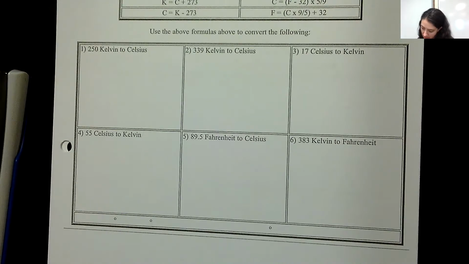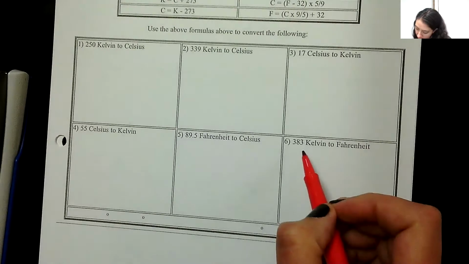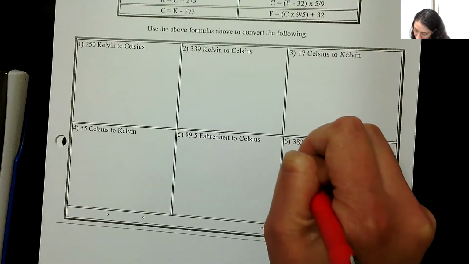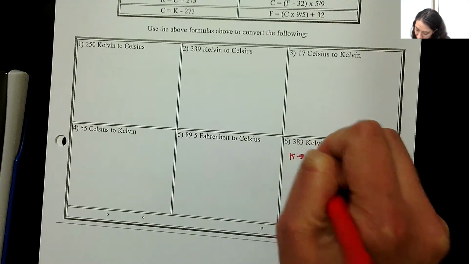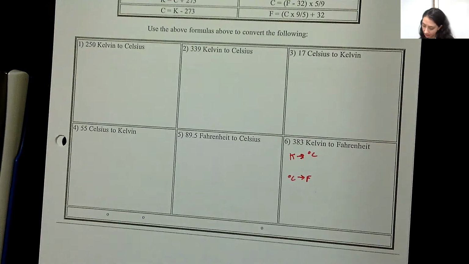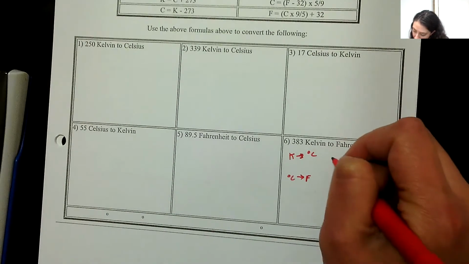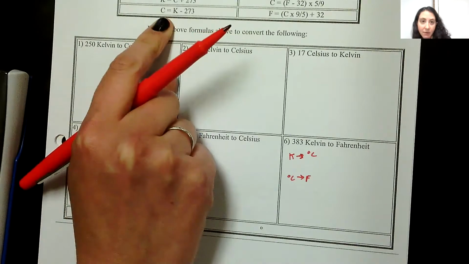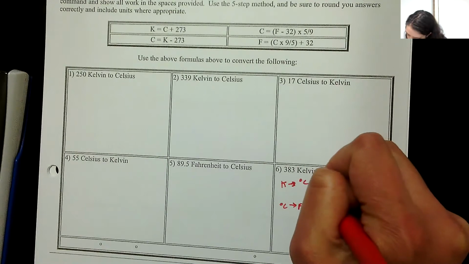So if we have Kelvin to Fahrenheit, I think what we're going to need to do is go from Kelvin to Celsius, and then we can go from Celsius to Fahrenheit. Those are going to be the ways to do that. So if we have Kelvin and we want Celsius, we've got a little formula up here, pretty straightforward.